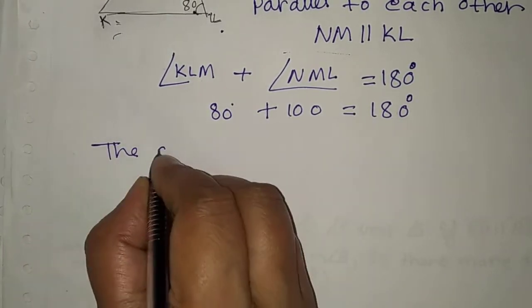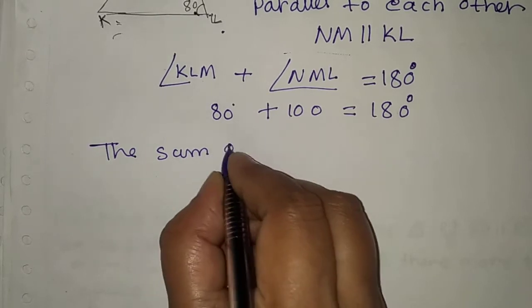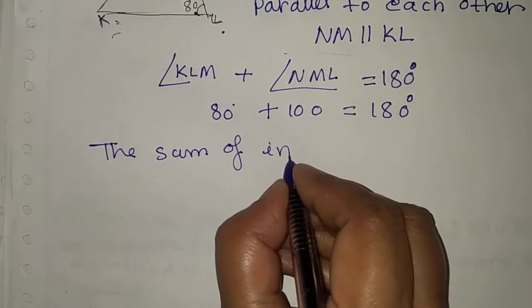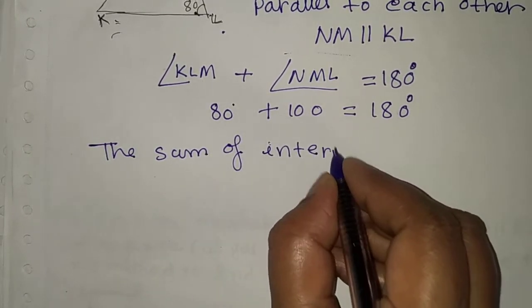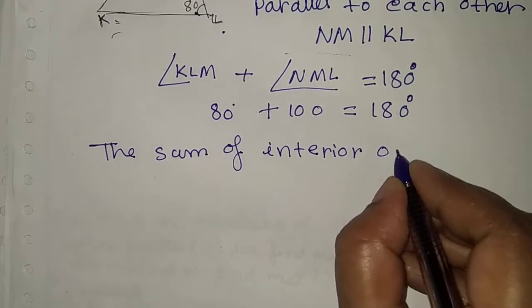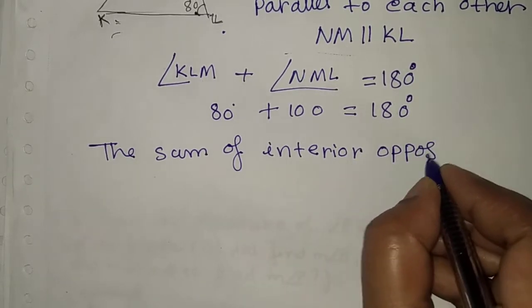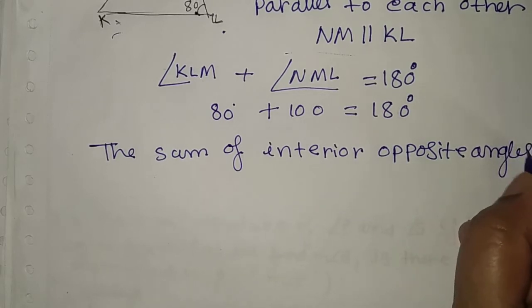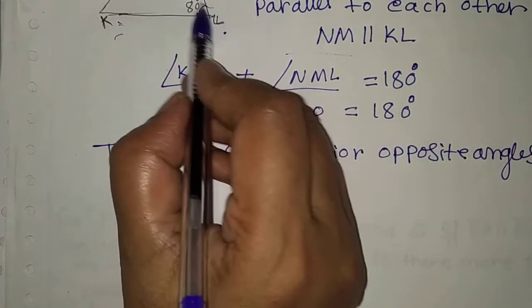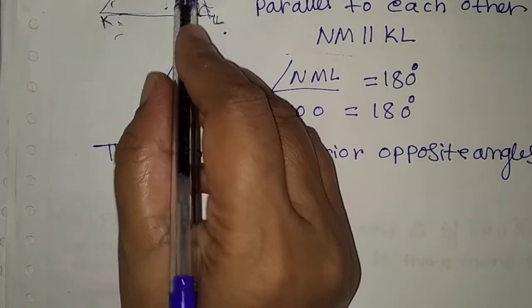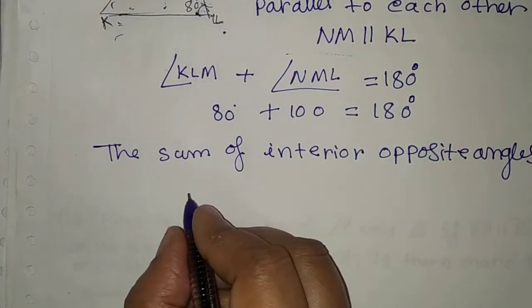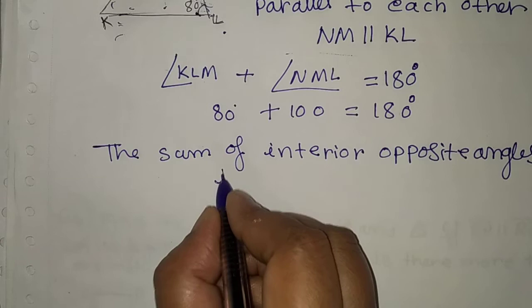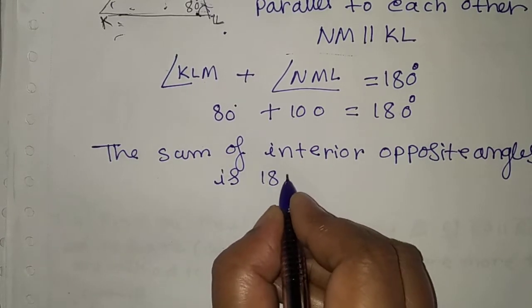Therefore, next step, the sum of interior opposite angles. See, these two angles are interior opposite angles, and their sum is 180 degrees.